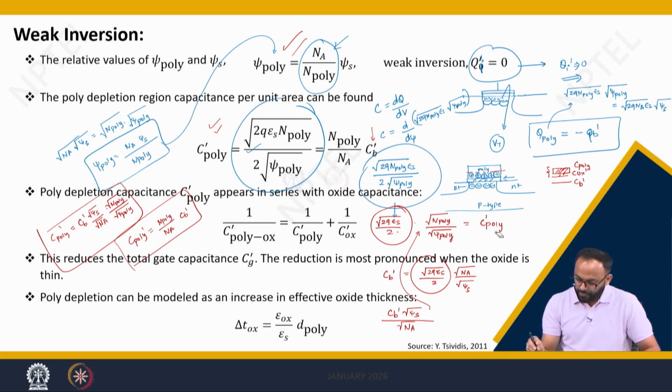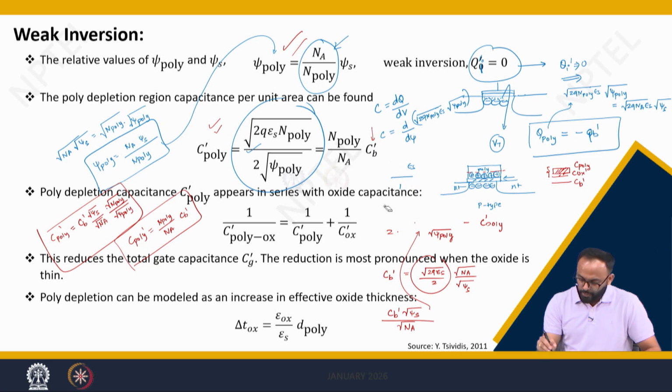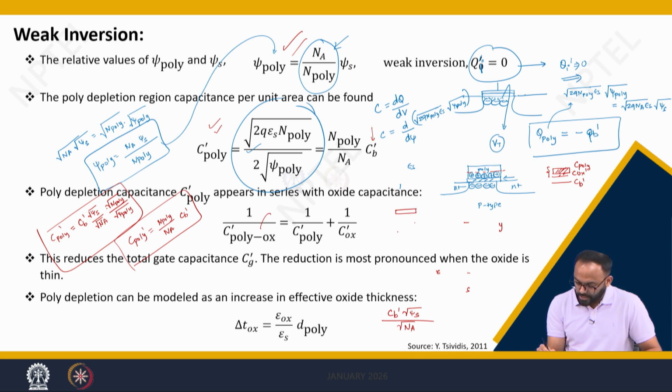Hence we can write C dash poly-ox, including the capacitance of poly and the capacitance of oxide, as a series combination to show a single capacitor: 1 over C dash poly-ox is equal to 1 over C poly plus 1 over Cox dash, since these two capacitances are in series. So, this is the polysilicon layer, this is the oxide layer, correct.